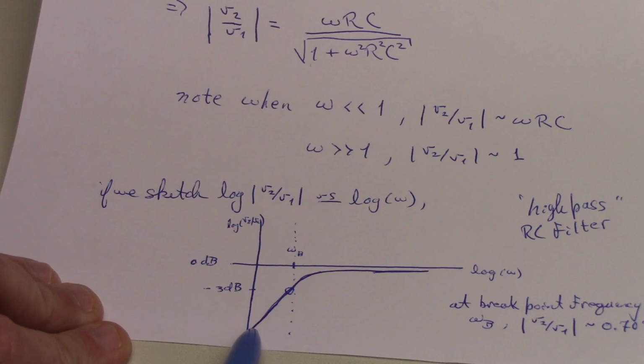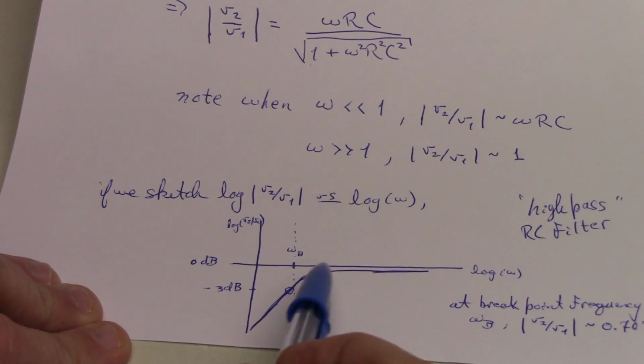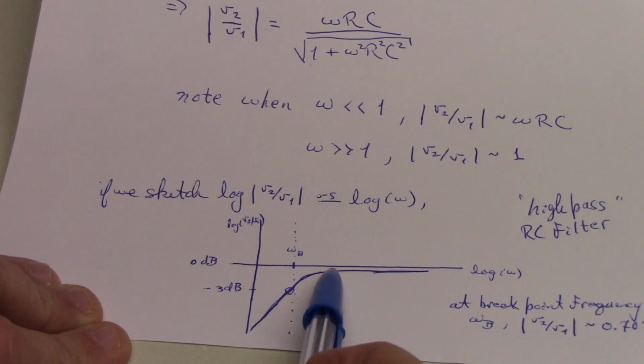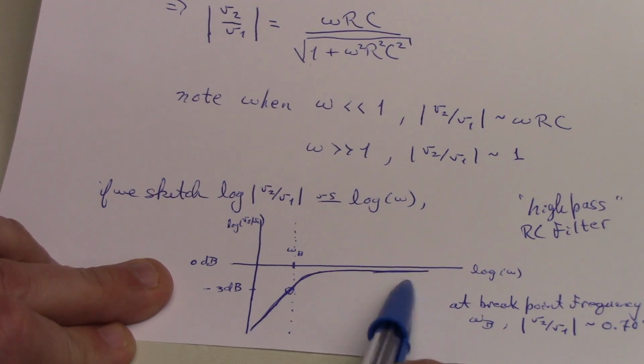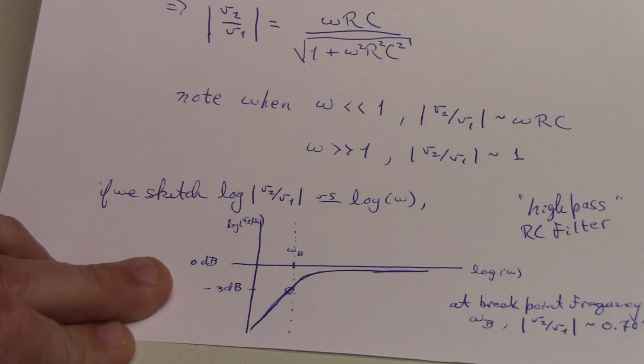And when you do that, you end up with a shoulder at low frequencies, and then it gets to be 0 dB, or in other words, a gain of 1 as the frequency gets higher.